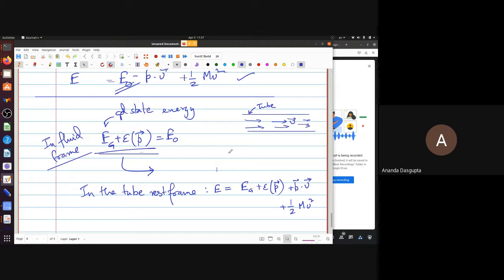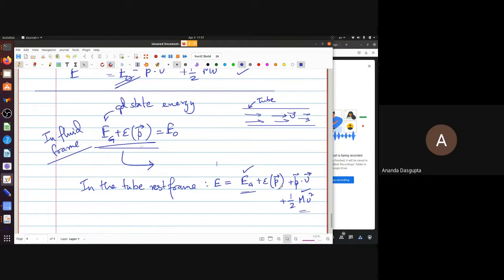How much is the momentum of the fluid in the fluid's frame? Zero. So the P dot V term now, remember, is a momentum which has come in because the quasi-particle has momentum. The fluid doesn't have a momentum in its own frame. So before the quasi-particle was excited, this was the energy, this plus this. If the quasi-particle was not created, this term would not be there.